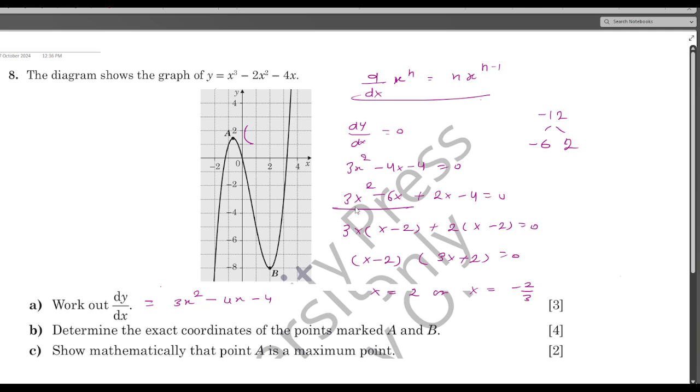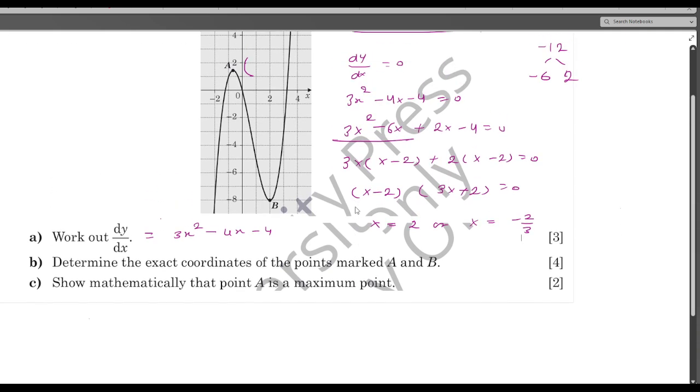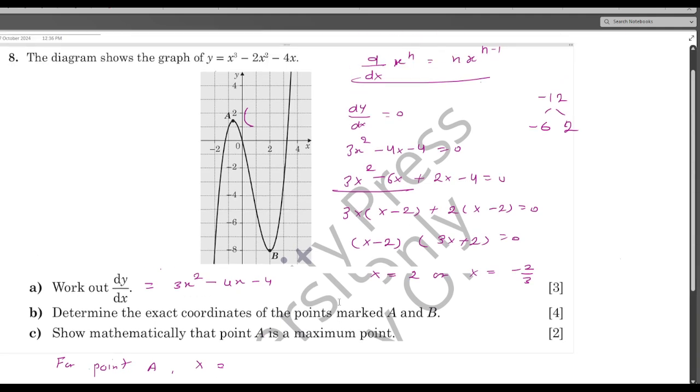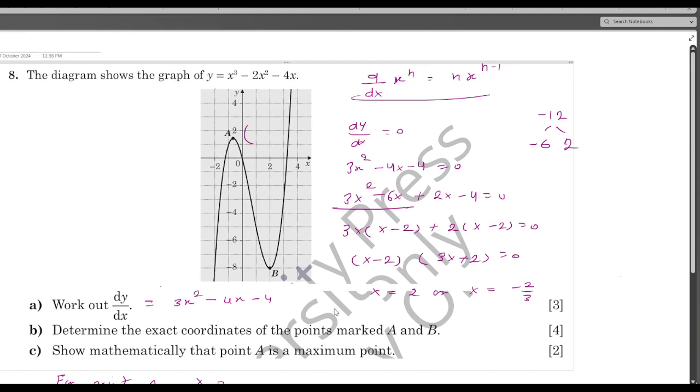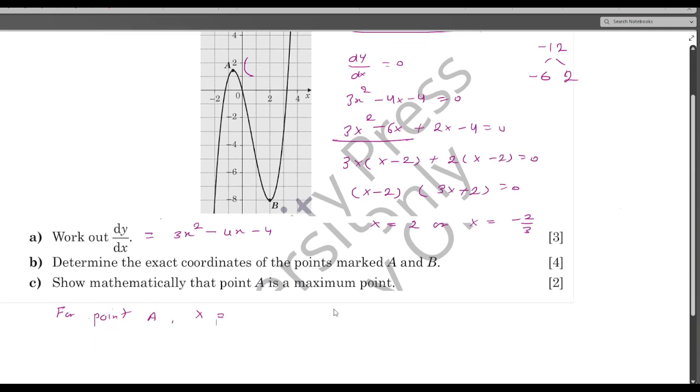Now I have to find the y value. For point A, the x value is negative, it is minus 2 by 3.